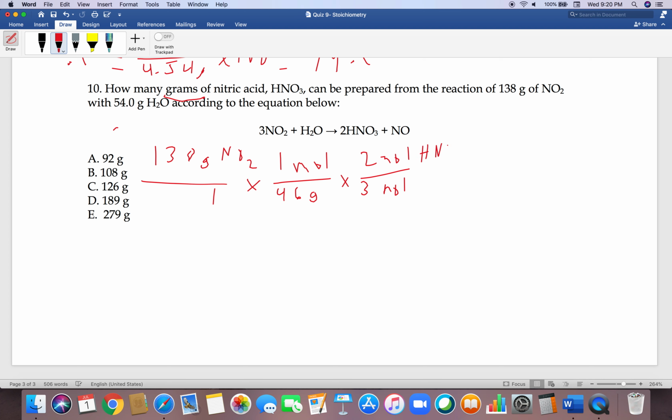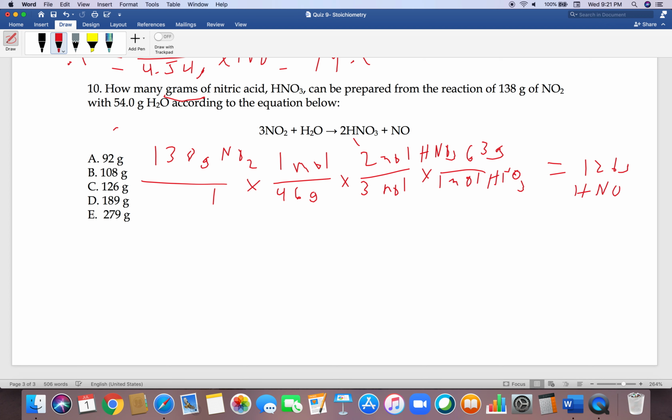And you can tell that it's an acid by the presence of hydrogen, but we'll talk about that at a later time. And 1 mole of nitric acid would just be 46 plus an extra 16 and 1, so it would be 63 grams. So that's going to give us 126 grams of nitric acid.